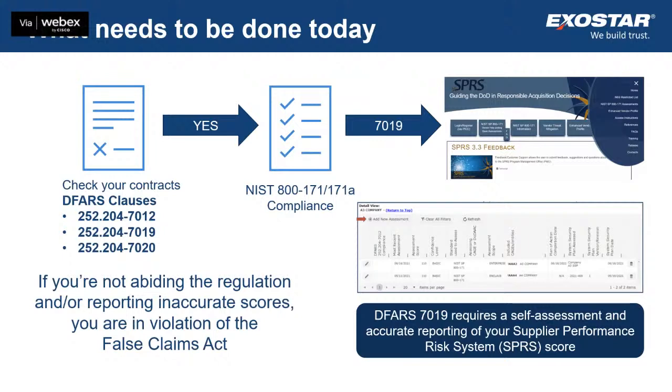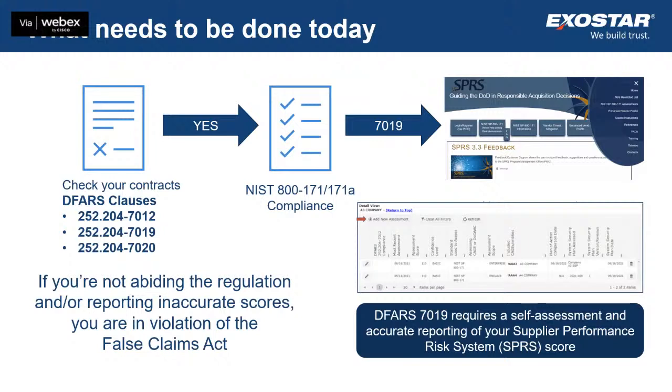So you would contract with what's called a C3PAO. Sorry about that. I sometimes get tongue-tied over acronyms. And that's a certified third-party assessment organization. You would contract with them once every 3 years for them to do an independent assessment of how you're doing against those NIST 800-171 controls.